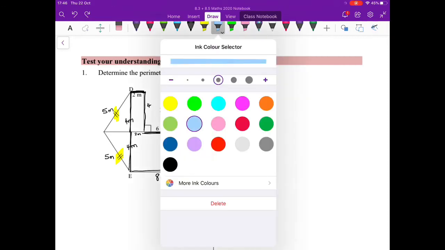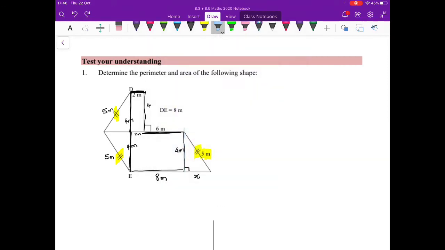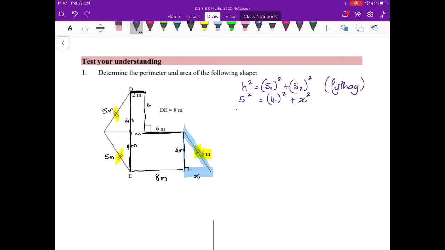Right, so I'm going to have a look in this triangle here. Right angle triangle, I'm finding lengths, so I must use Pythag. So hypotenuse squared equals side 1 squared plus side 2 squared, and that is because of the Pythagorean theorem. My hypotenuse is 5, so it's going to be 5 squared equals 4 squared plus x squared. 25 equals 16 plus x squared.